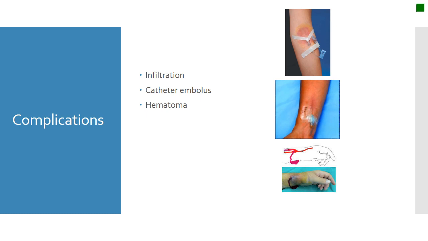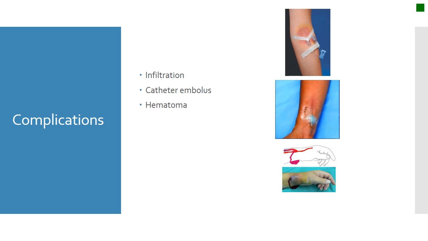Another reason a hematoma could occur is if a patient is on blood thinners and you access their vein, and it starts to seep around the catheter and begins a hematoma next to your IV site.